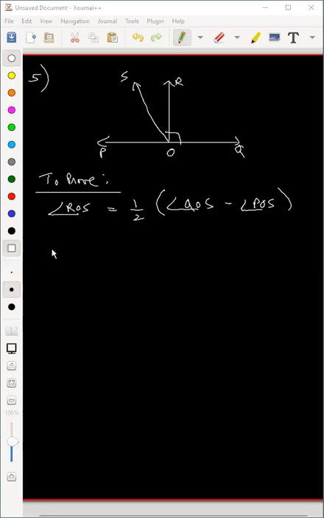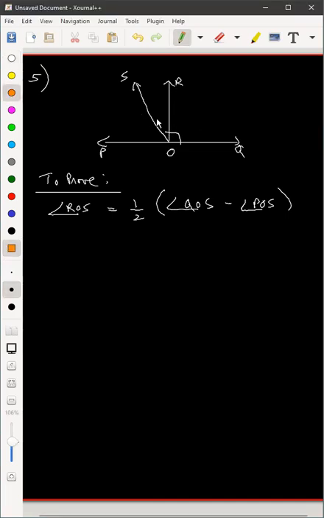Yes, sir. Just have unmuted now. Now look here. So what do we need to find? We need to find the relationship between ROS, this angle here, and half of QOS minus POS.